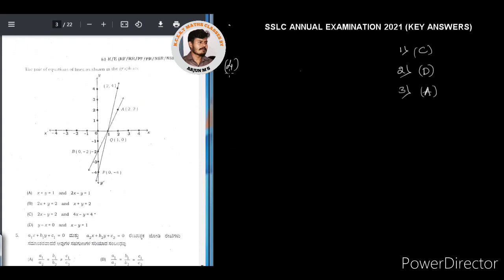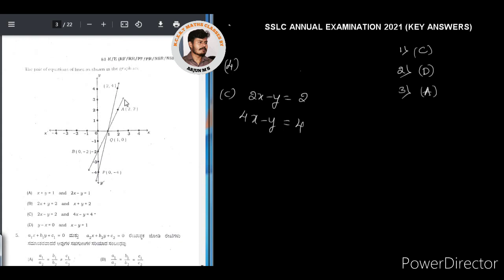We have to identify the linear equations present in this particular graph. Here the answer is very simple. Option C is correct. 2x minus y is equal to 2 and 4x minus y is equal to 4, because you just observe the solutions of both the equations.